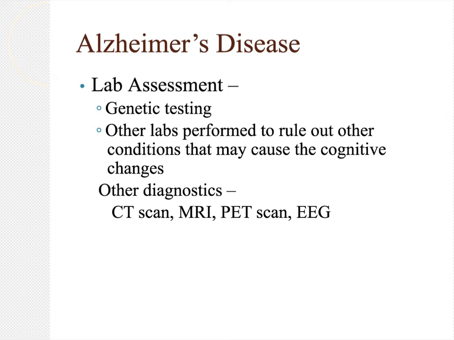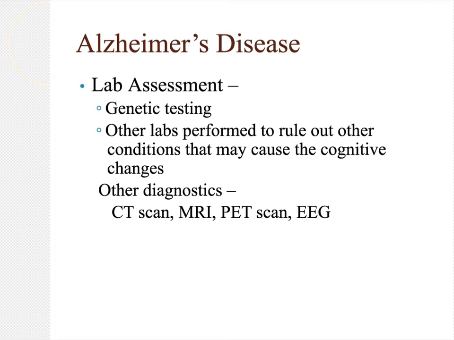Metabolic disorders can cause such a thing, so it's always important to rule that out, because if we can identify that maybe it's a brain tumor, maybe we can treat the brain tumor and the patient's symptoms will decrease. So lab assessments are often initially targeted at ruling out other things.